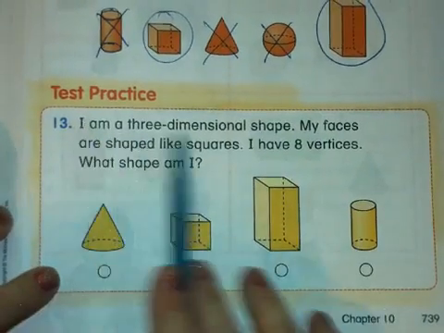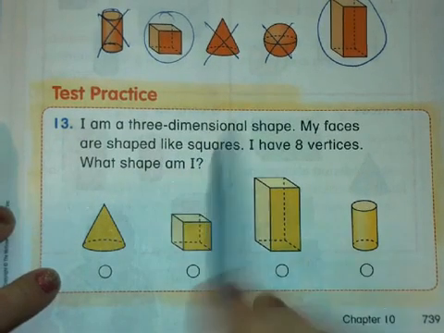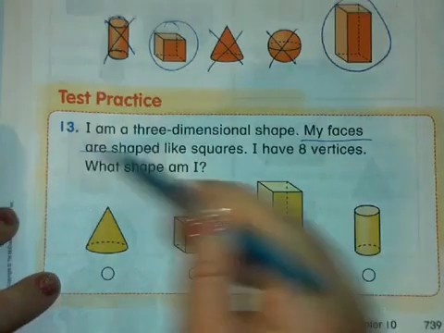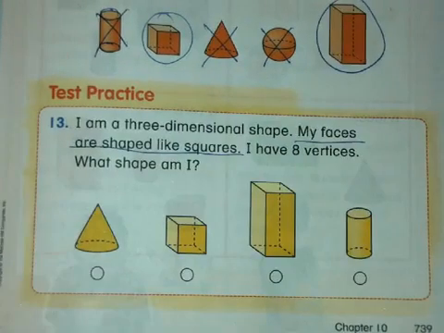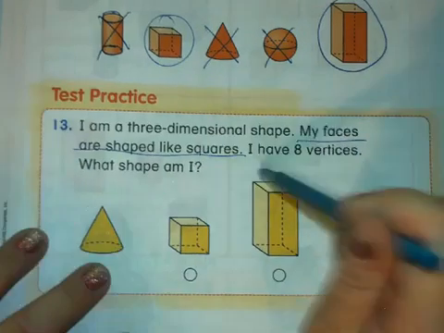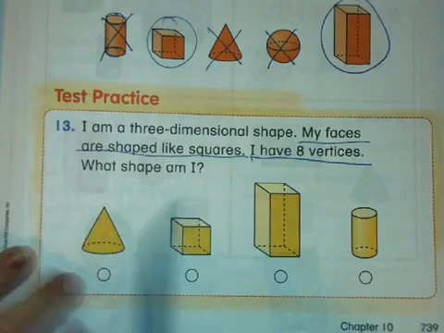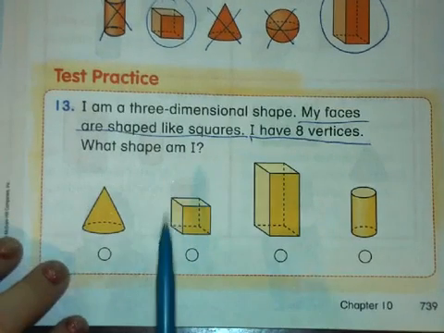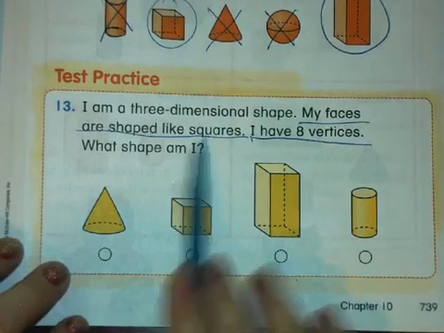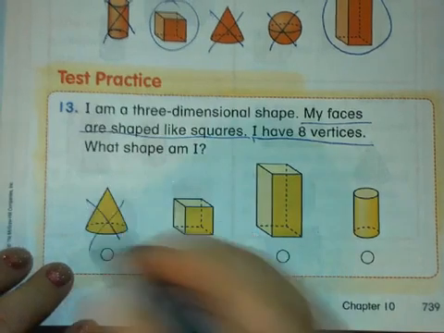I am a 3-dimensional shape. My faces are shaped like squares. That's important. I have 8 vertices. What shape am I? Okay, so the faces are shaped like squares. I know the cone doesn't have any square faces, so it can't be a cone.